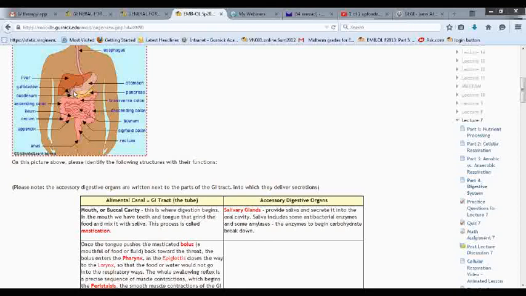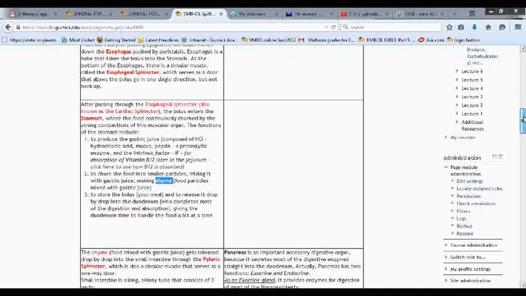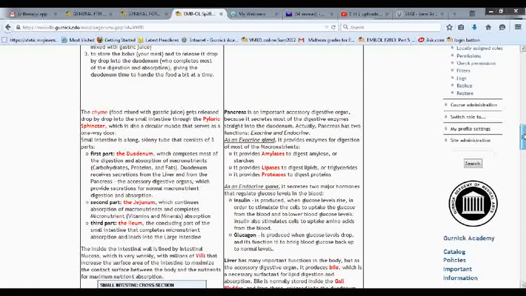And then there is the sphincter at the bottom of the stomach that also is kept tight. That is called the pyloric sphincter. The pyloric sphincter is the one that would allow the chyme to go from the stomach into the duodenum drop by drop, little by little, giving the duodenum the time to digest the food that you ate.